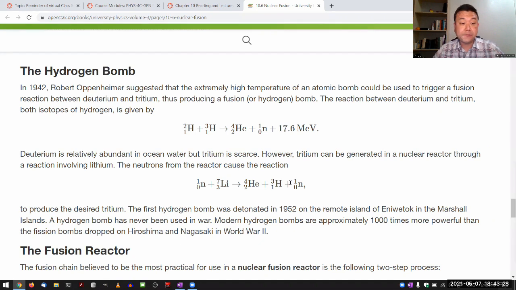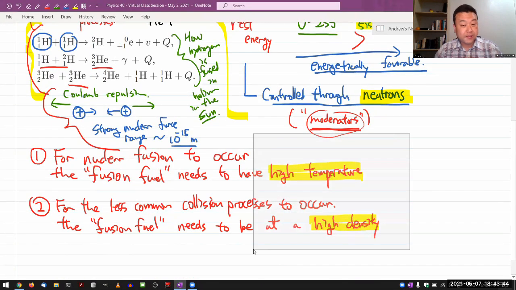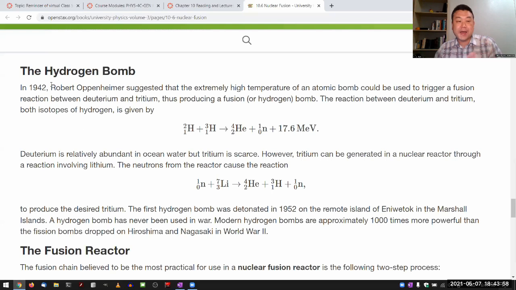And at some point, the scientists who were working on the atomic bomb realized that using the explosive release of energy of the fission bomb, they can actually achieve these conditions in a very short time scale. And by achieving these conditions in a very short time scale in a fusion fuel, they can actually ignite a fusion reaction. And that's what's called a hydrogen bomb.